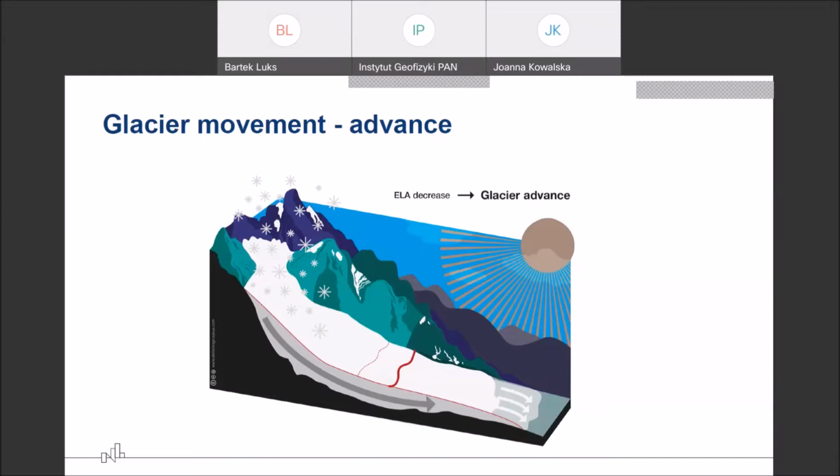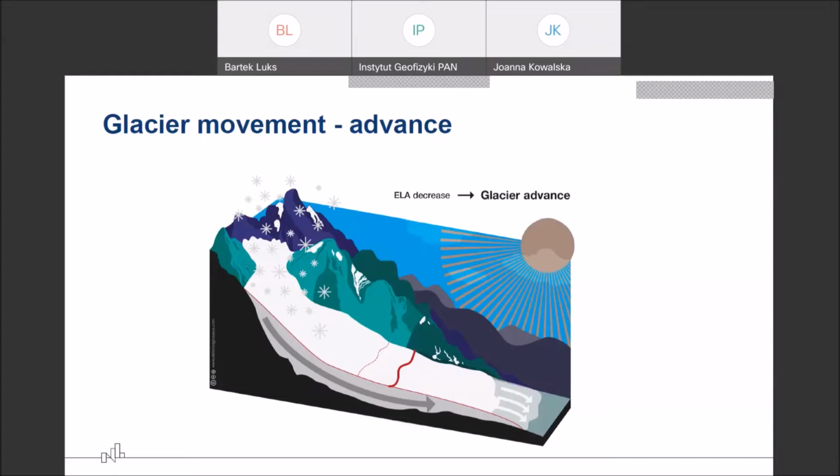And what's causing the glacier movement? Well, first of all, if they want to advance, so go forward, then we need a mass buildup, as there are two processes that run the glacier advance.